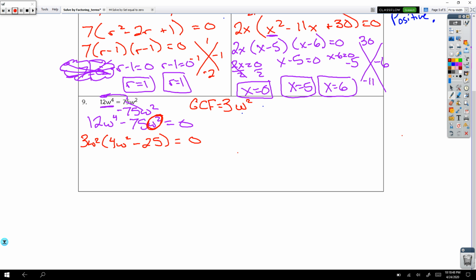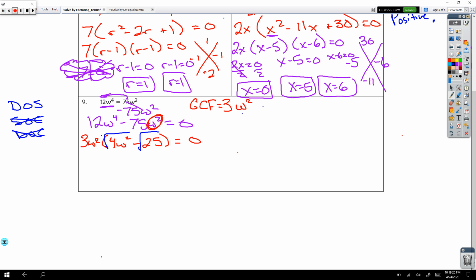Now I have a binomial, 2 terms, right? So I want to think, is this difference of squares, sum of cubes, or difference of cubes? Well, first off, I see a square, so it's not either of the cubes. So I want to look to see, do I have perfect squares and a minus sign? So 4, perfect square, w squared is a perfect square, and 25 is a perfect square, and I have that minus sign. So I want to do my square rooting.